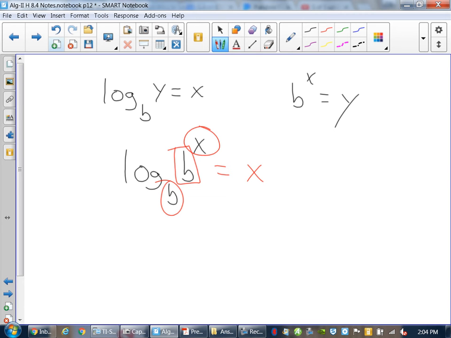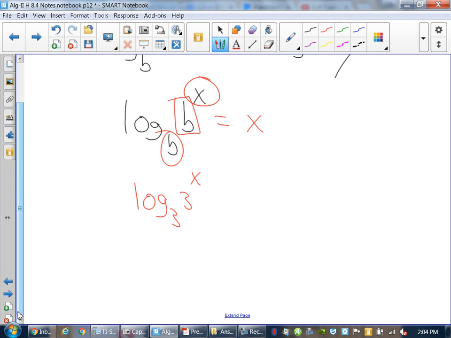Log base b of b to something undoes it. So you had a problem yesterday where it might have been log base 3 of 3 to the x. Log base 3, and the exponent part also has a base of 3. They undo one another via inverse properties, and you get x. The reason is log base b of b is 1. It undoes itself. That's where this comes out of.